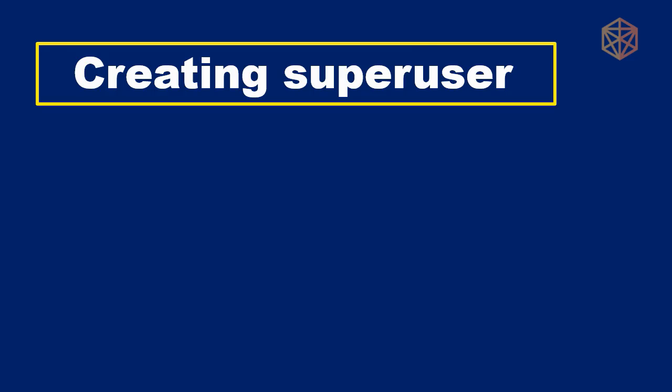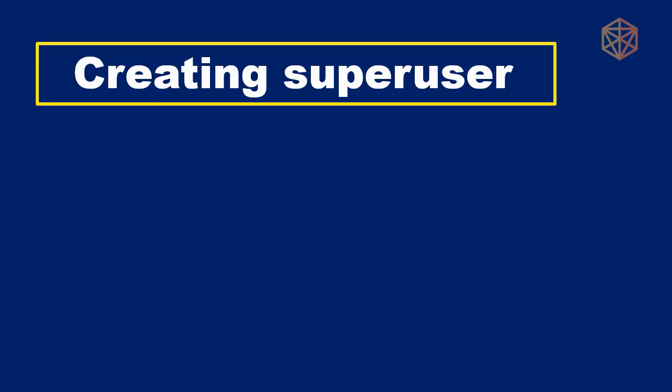When you create a new Django project, by default, it also creates an administrative web page for that project that you can use to manage and administer the entire project. Before you can log into that administrative site, you need to create a superuser account that can be used to manage your project.